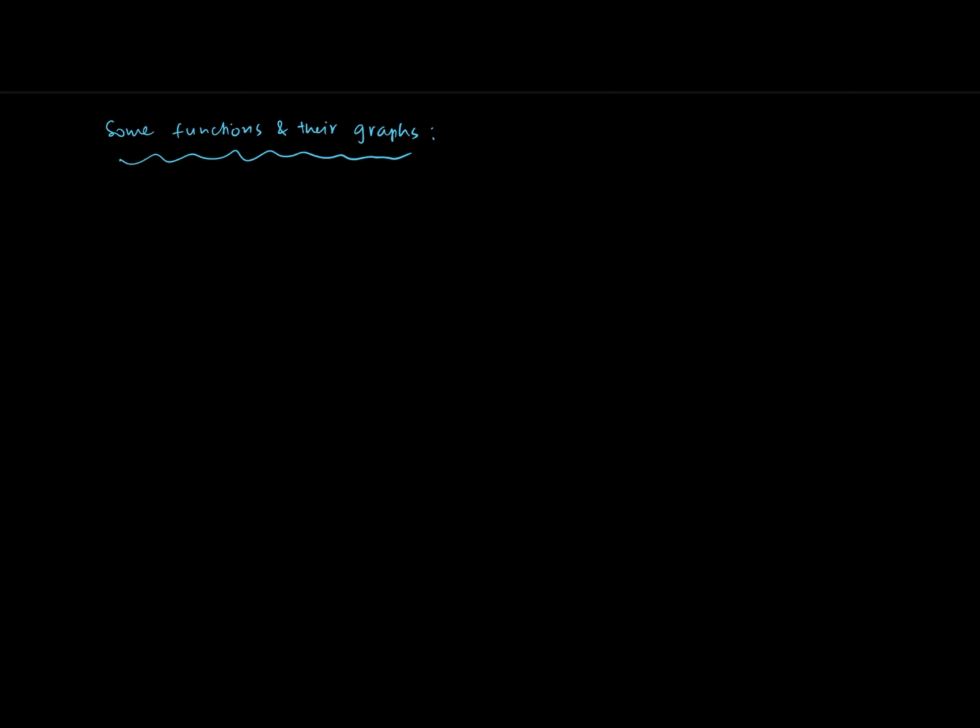So here we are going to discuss some functions and their graphs. These functions are: number 1, identity function. Number 2, constant function. Number 3, polynomial function. Number 4, rational function.